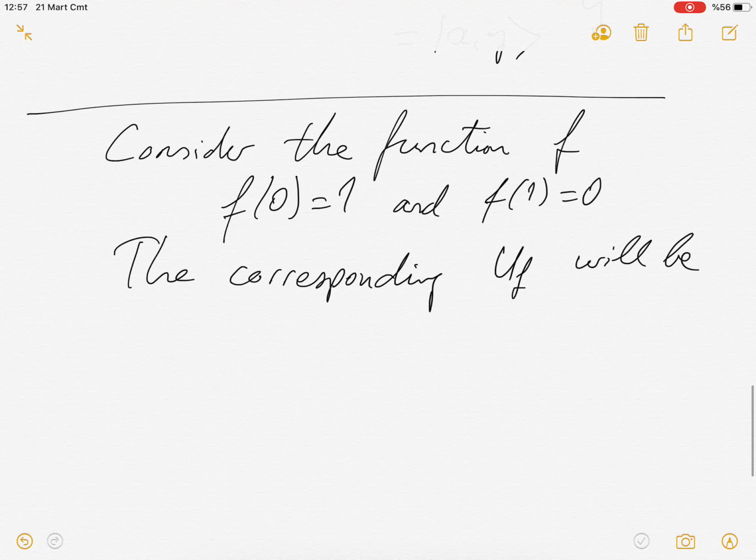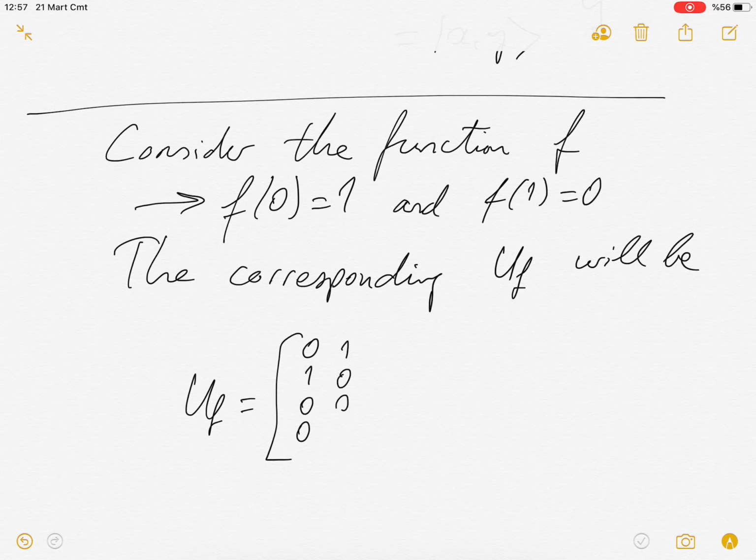It will map the state 0,0 to state 0,1, so the first column of the matrix will be 0, 1, 0, 0. It will map 0,1 to 0,0.